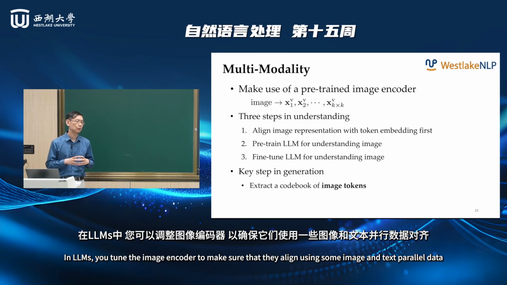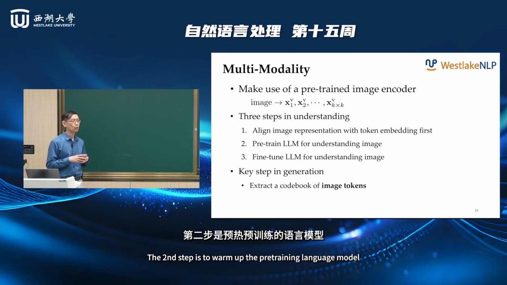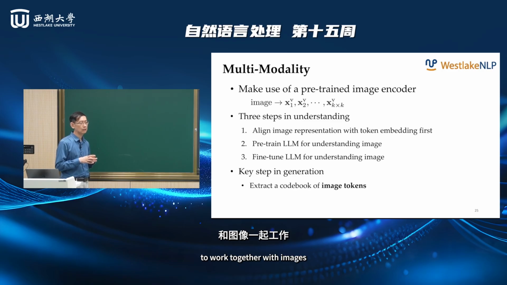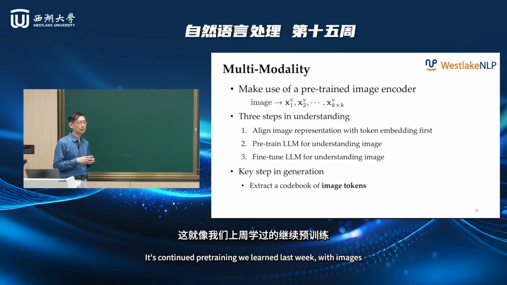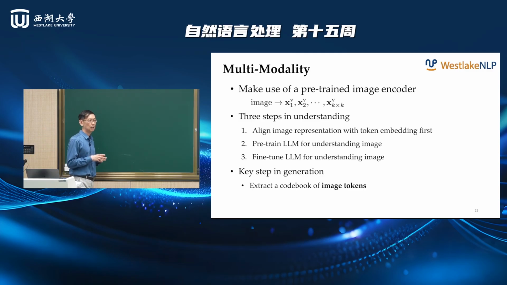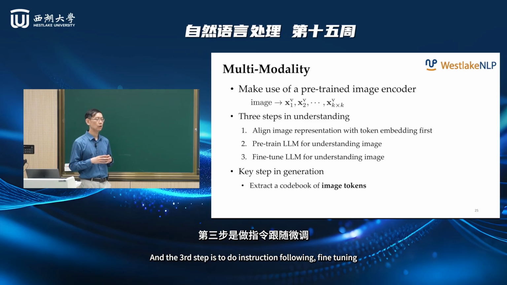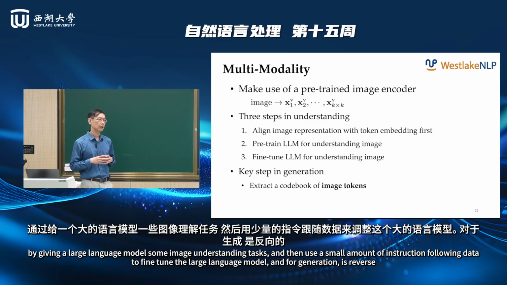You tune the image encoder to make sure that they align using some image and text parallel data. The second step is to warm up the pre-trained language model to work together with images. It's like continued pre-training we learned last week, with images. And the third step is to do instruction-following fine-tuning, by giving the large language model some image understanding tasks, and then using a small amount of instruction-following data to fine-tune the large language model.